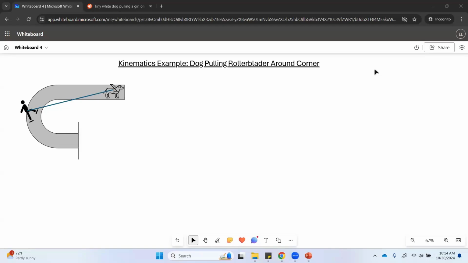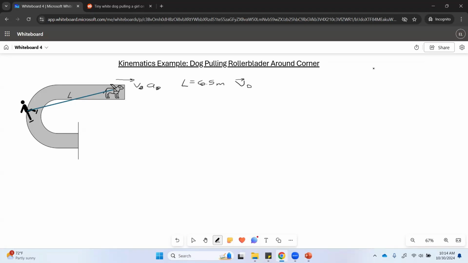Let's analyze a situation with a dog pulling a rollerblader around a corner. So let's say that we know the length L of the rope. We'll also be given the speed of the dog, VB, and its acceleration, AB. So let's say that L equals 6.5 meters.